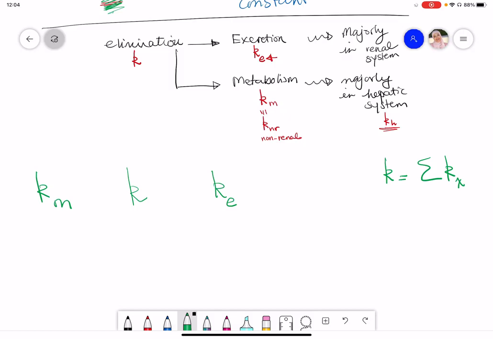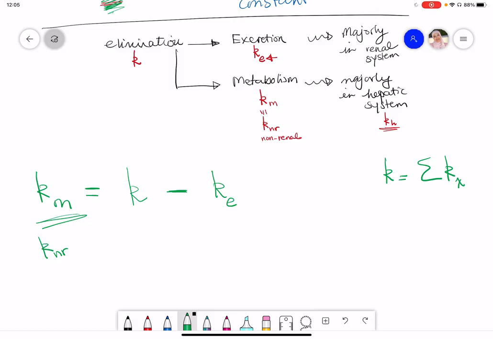So if we have the elimination rate constant, we can just subtract the excretion rate constant. So we will be able to determine the metabolic or non-renal rate constant. And this is usually the way to approximately determine the non-renal elimination rate constant or the metabolism rate constant. Okay.